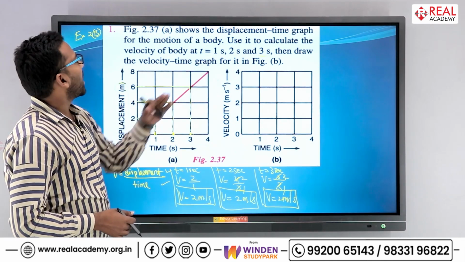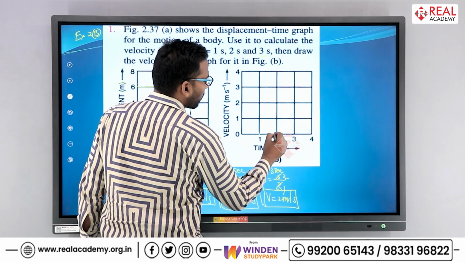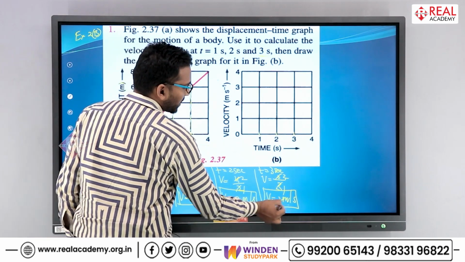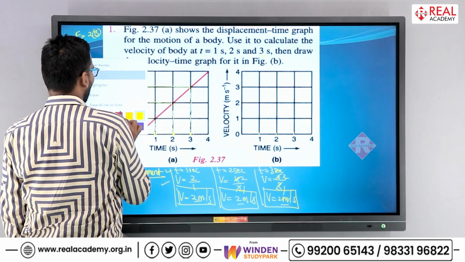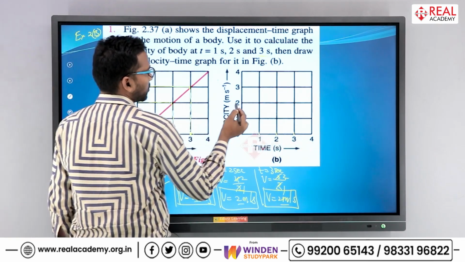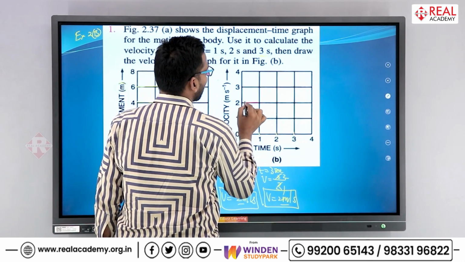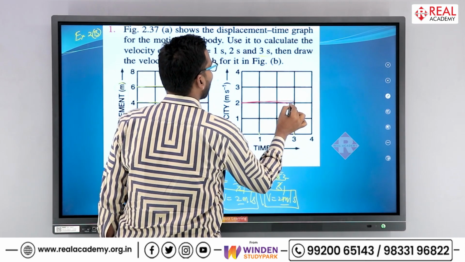Then they are asking us to draw the velocity time graph. For 1 second, 2 seconds and 3 seconds, the velocity is constant, that is 2 meter per second. So we can draw it like this. It is a constant value.